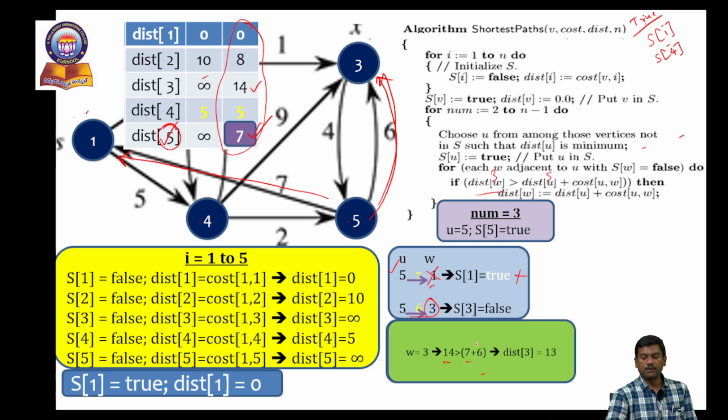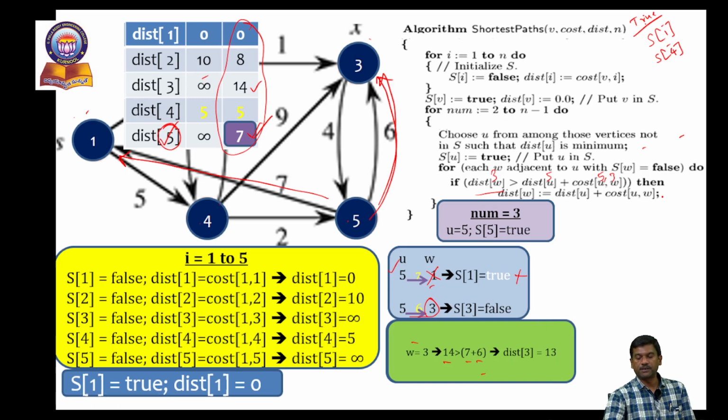So 7 plus cost of u comma w. What is the value of u? That is 5. So cost of 5 comma w. What is the value of w? That is 3. So cost of 5 comma 3. What is the cost from 5 to 3 in the given input graph itself? That is 6. So 14 is greater than 7 plus 6, that is 13. It is the true condition.